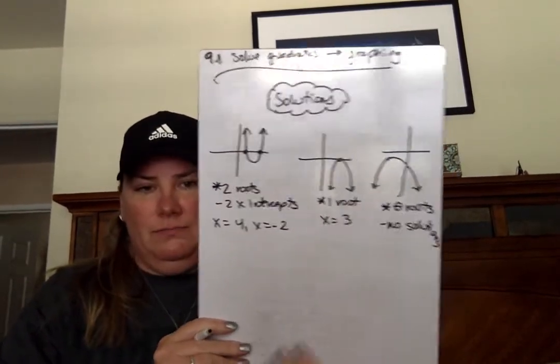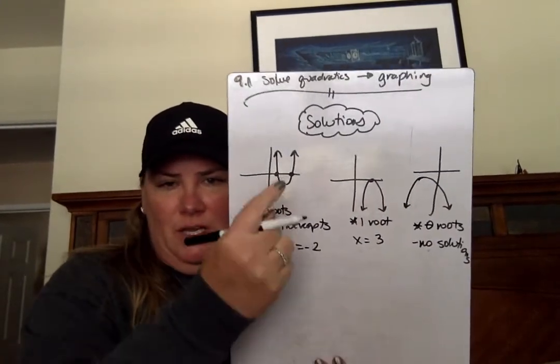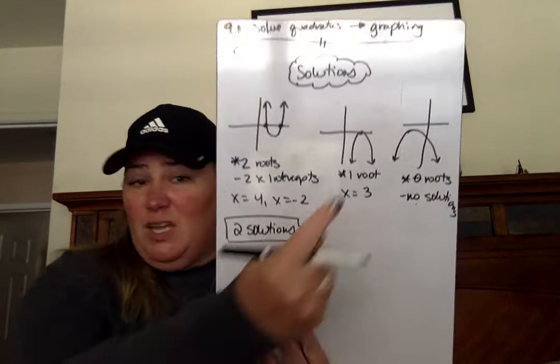And so, if these are solutions, let's sum this up. It crosses twice, 2 solutions. If it touches, 1 solution.